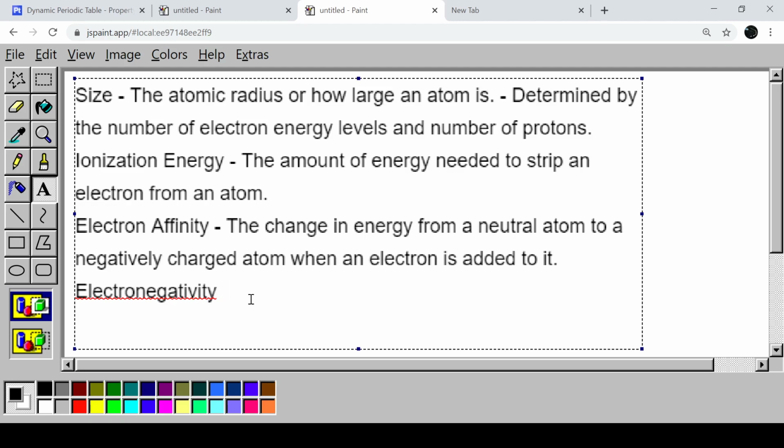However, electron affinity is using actual measurements for it instead of a scale-based system, which is more common in lower-level chemistry courses. Okay, so if you see these two, just know that they're related. This one has a measurement attached to it, and this one is relative to each other.